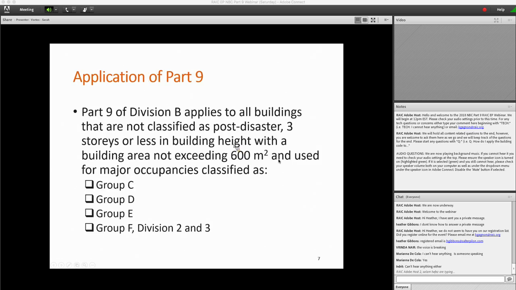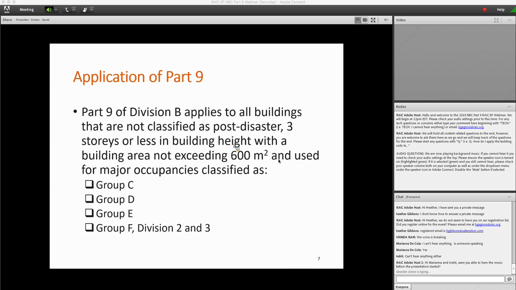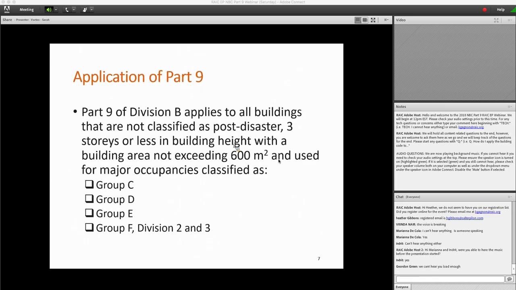I thought I would, this is a slide you may not have in your presentation, and it will be included for what will be sent out to you later as an update. But I thought, given this presentation being the first one, I would talk about the application. So this Part 9 applies to all buildings 3 stories or less in building height with a building area not exceeding 600 square meters, provided they're not classified as a post-disaster building.